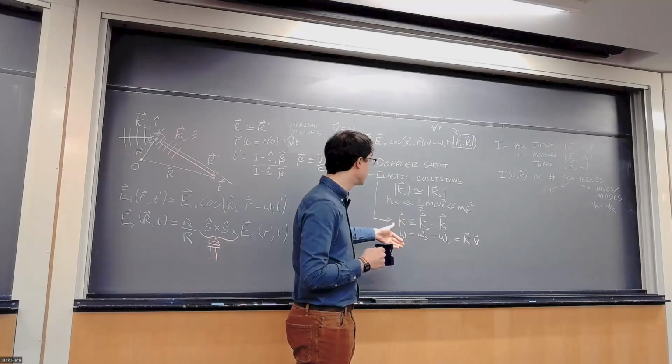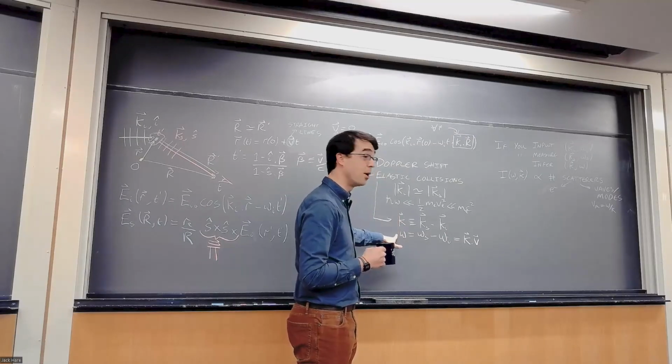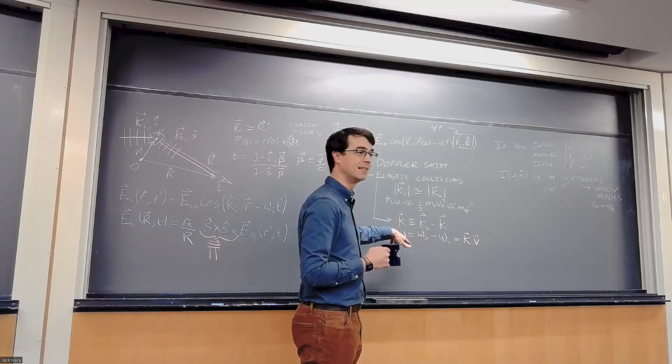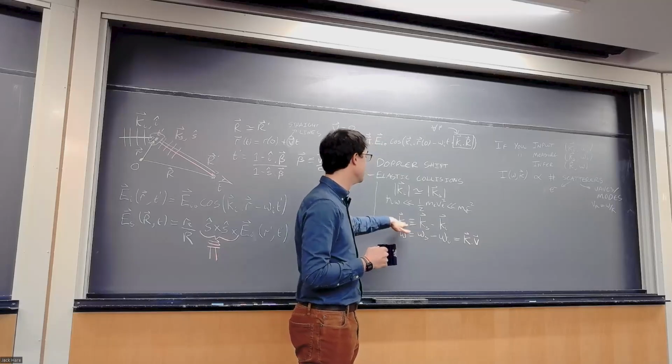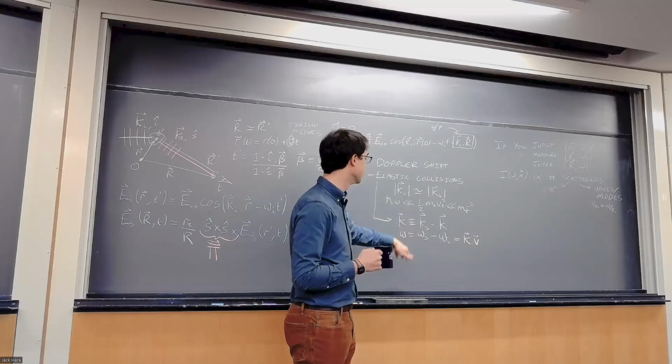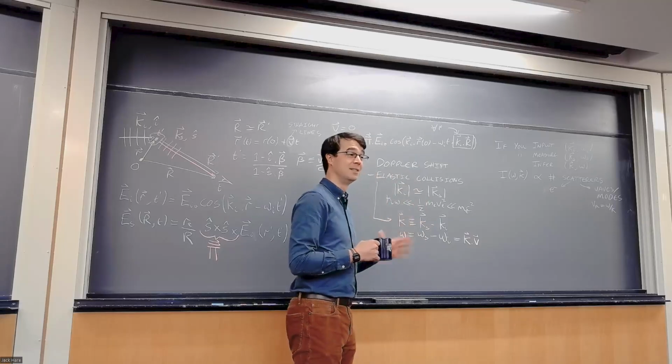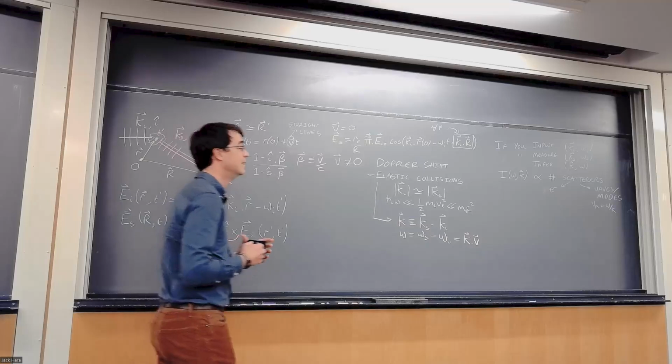If you're thinking of it in a particle picture, then h bar k and h bar omega is the energy and momentum of the electron that scatters them. If you're thinking about it as a wave, you don't have to multiply by h bar, you can just say it's some wave with k and omega. So like a sound wave, omega equals sound speed times k, for example. And we'll talk a lot more about that later on.